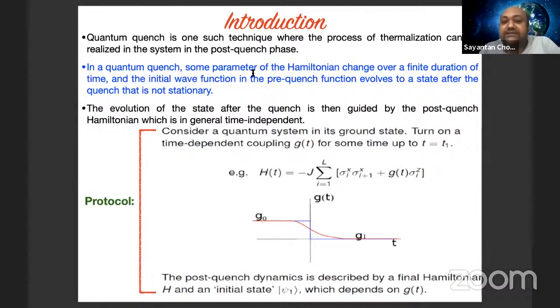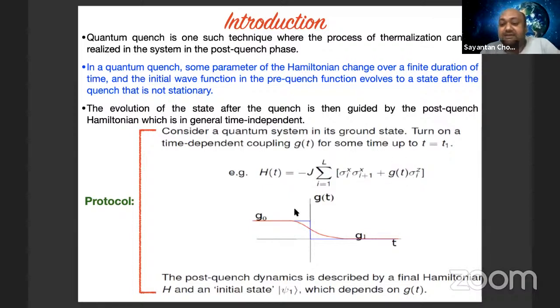In quantum quench, some parameter of the Hamiltonian changes over a finite duration of time, and the initial wave function in the pre-quench process evolves to a state after the quench that is not stationary. One example I have given is a spin system with nearest neighbor interaction. You can see it's by sigma_i^x and sigma_{i+1}^x, and the coupling strength is J. And here you see that I have added one additional time-dependent parameter, which is a coupling.